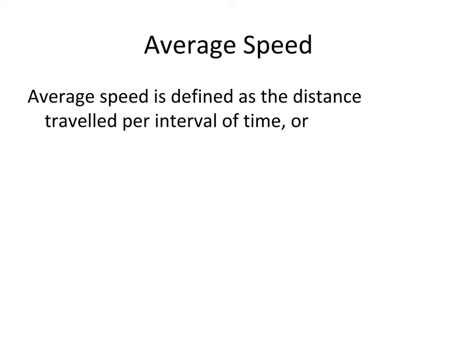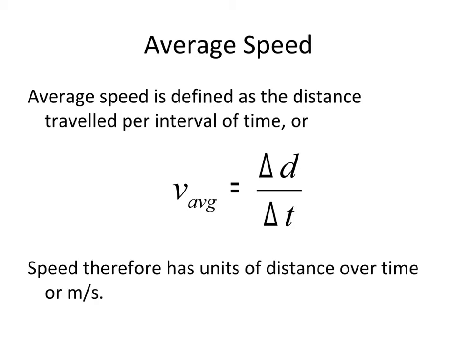If we want to find the average speed for an object, then we divide the distance traveled by the time, which looks like this. So speed has units of distance over units of time.